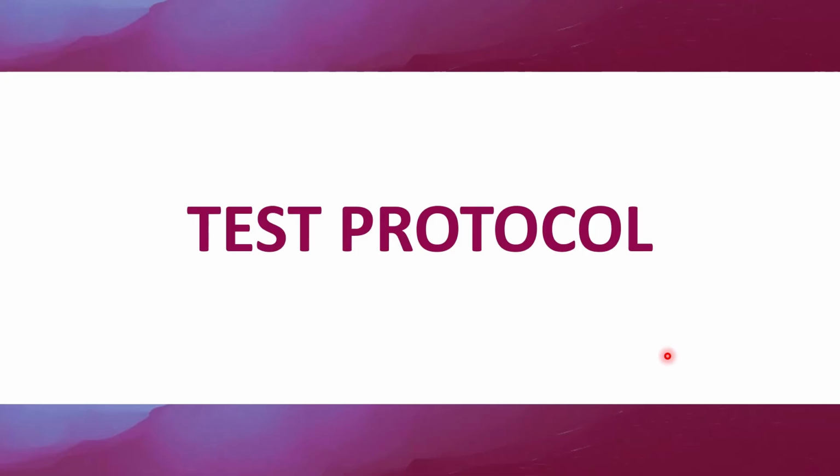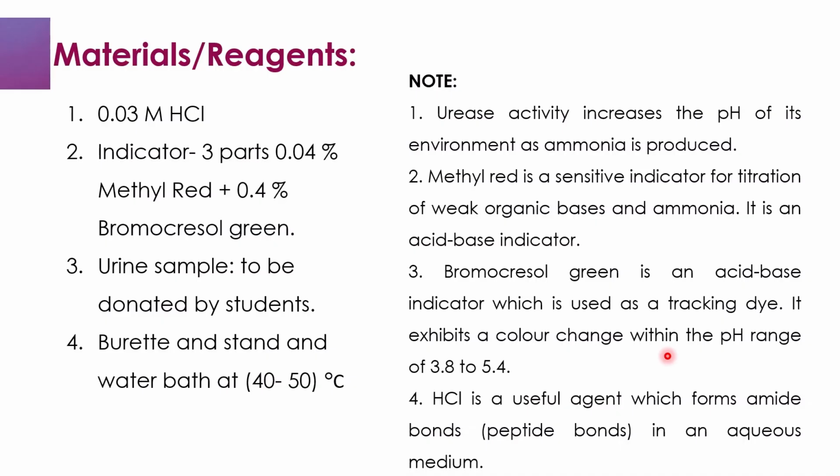So now let us look at the test protocols for our experiment. We'll start by looking at the materials or the reagents needed for this test. The first is 0.03 molar HCl.